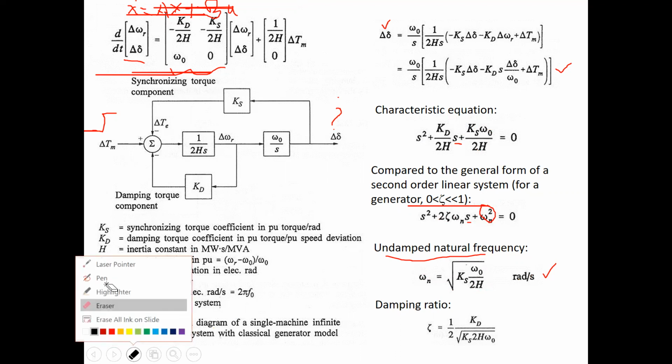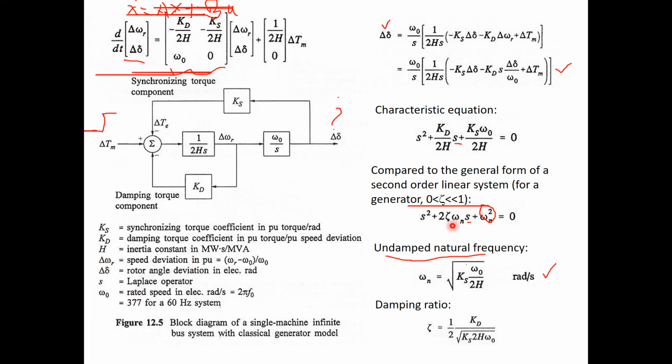And then you compare this value, 2 zeta omega n, substitute omega n over here, and equate it with this quantity. Then you can determine zeta. This is the damping ratio. Thus the system response, the variation of the rotor angle, has this natural frequency and this damping ratio.